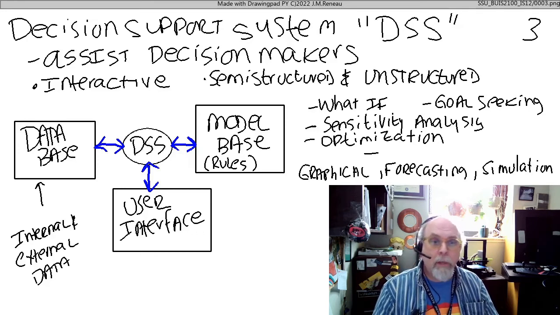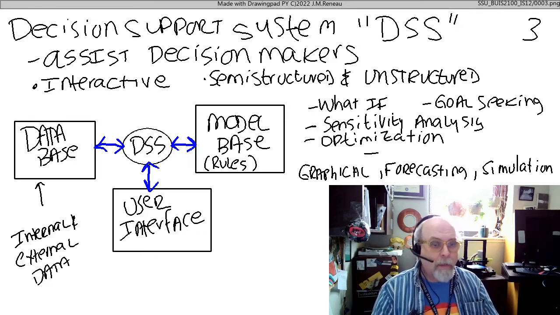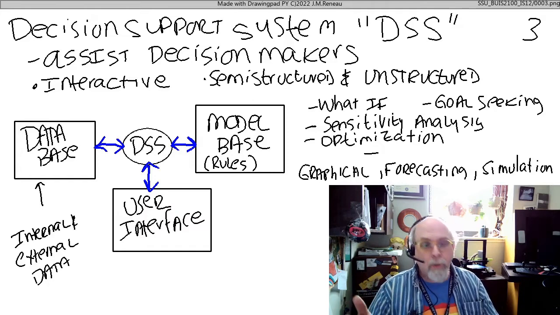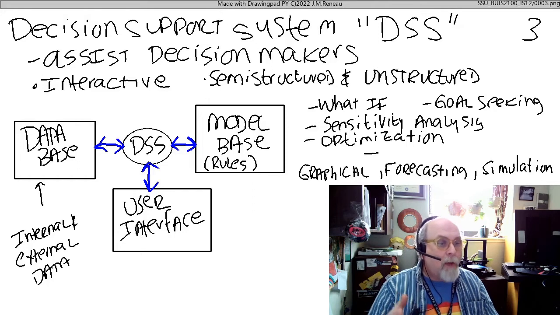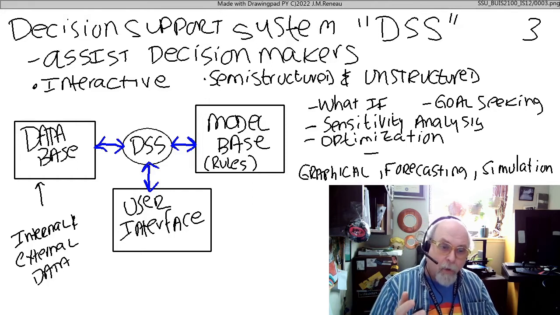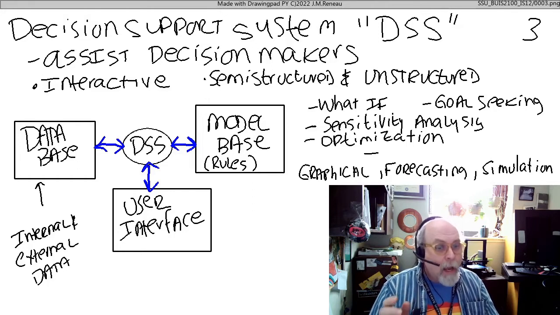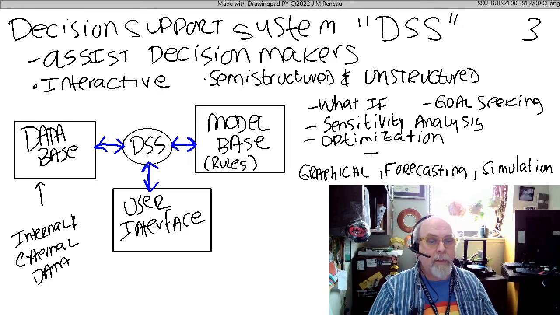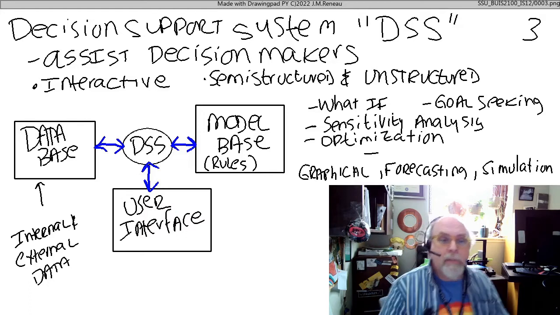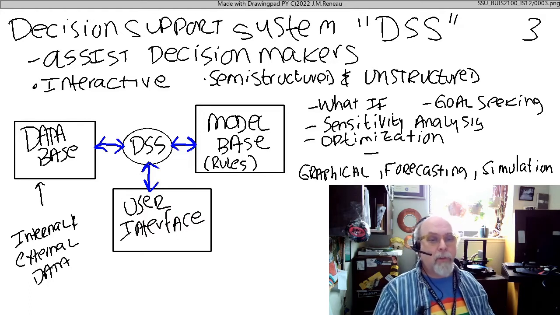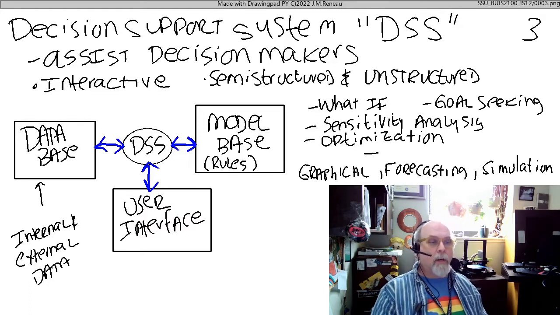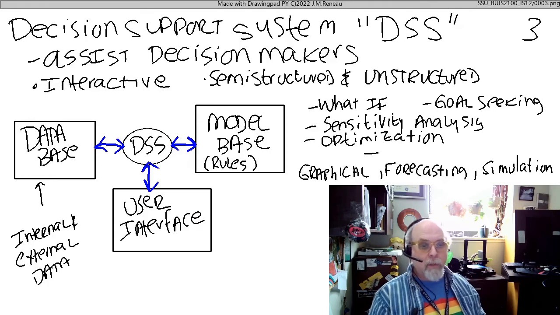And what are we going to do and how are we going to schedule? Well, weather forecasting, weather trends, and other things can tell us when we can do certain things. So there's often internal data going into the system, but also a lot of external data goes into a good decision support system to really help us understand those semi-structured and unstructured decisions that it's going to help us make.